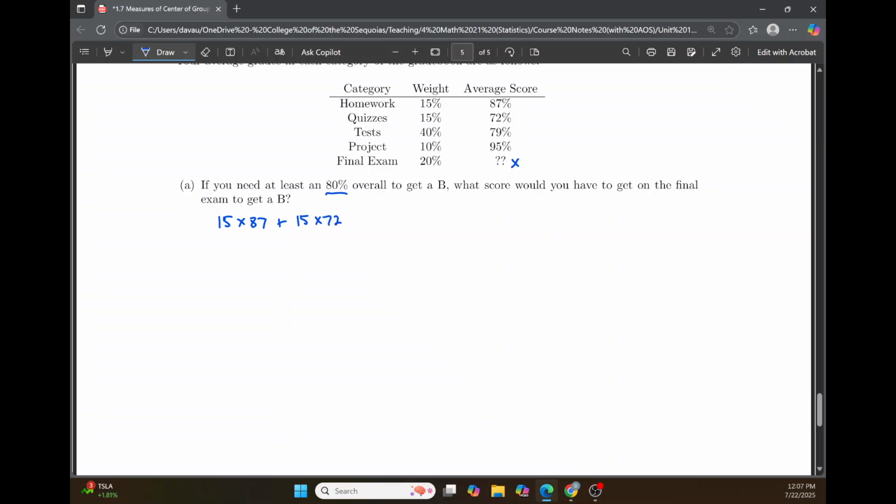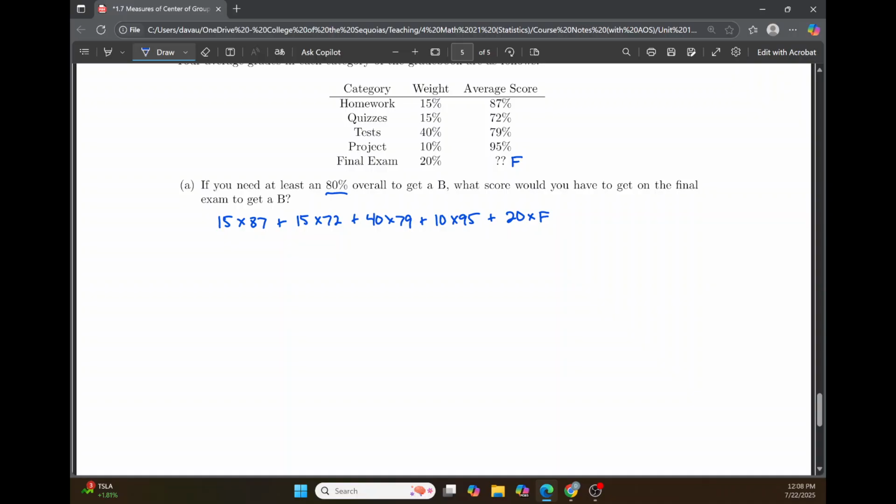The tests are going to contribute 40 times 79. The project is going to contribute 10 times 95. And the final exam is going to contribute 20 times, maybe X is not a good letter because I'm going to get it confused with the multiplication signs I've been using. So maybe I'll just call it F for final exam, right? So 20 times F.